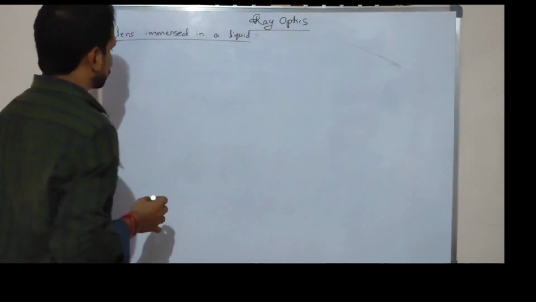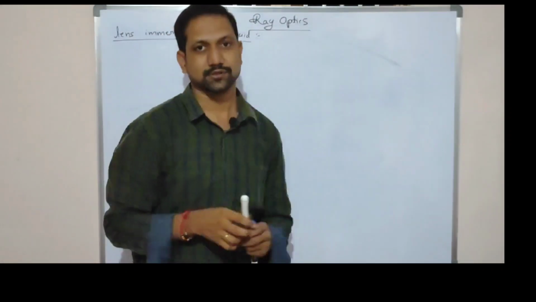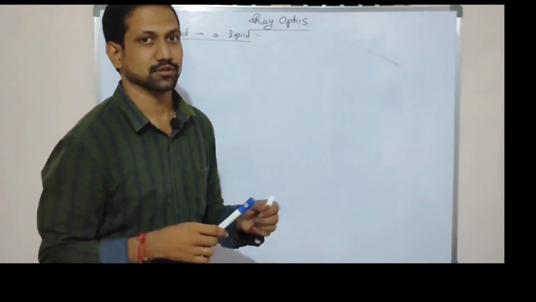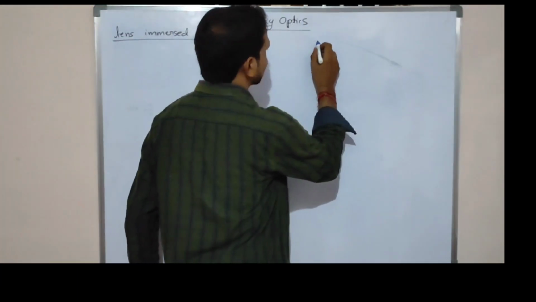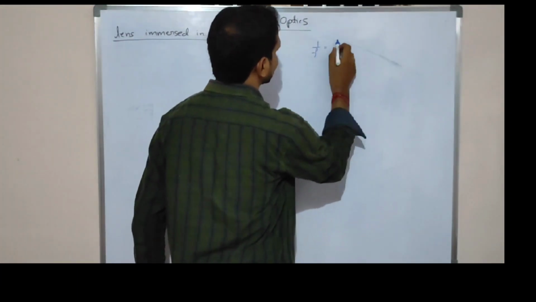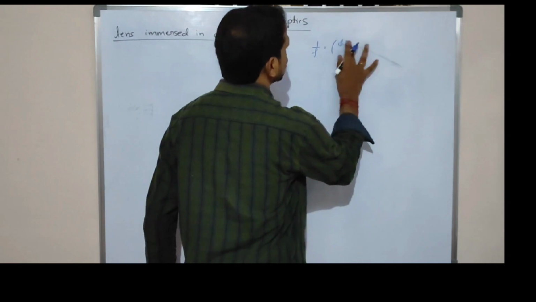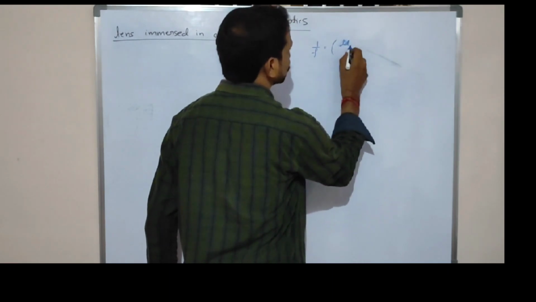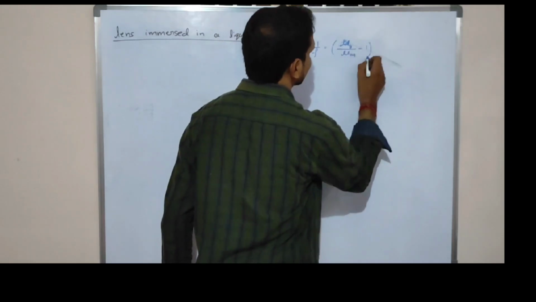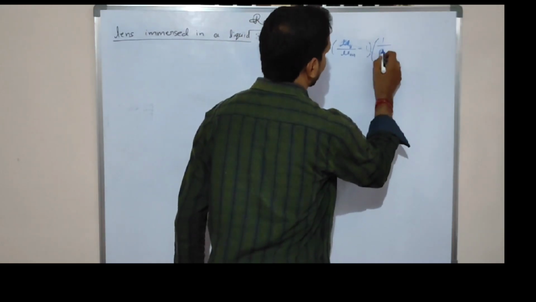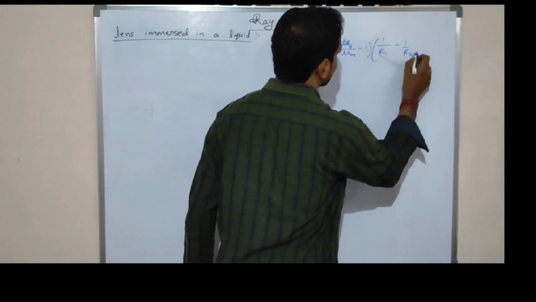Before going to see this topic, I would like to recall the formula, that is the lens maker's formula, which I write here. The lens maker's formula: 1 by f equals mu for glass divided by mu for medium minus 1, into 1 by r1 minus 1 by r2.